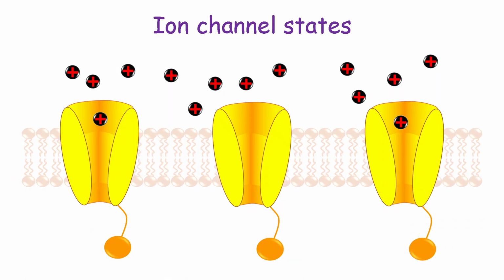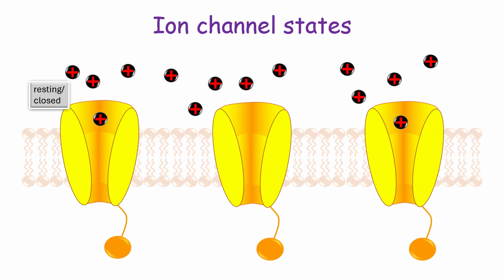To understand the different types of drug blockade, you first must realize that ion channel proteins can take on different shapes or conformations that can affect drug binding. Under resting conditions in a cell, most ion channels are in a resting or closed state.